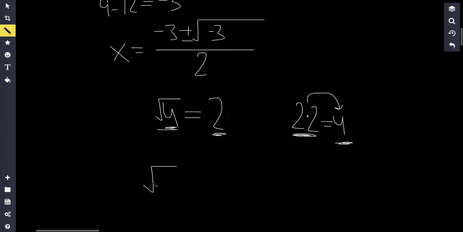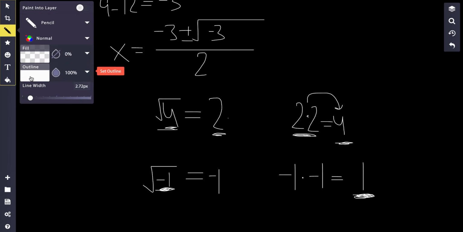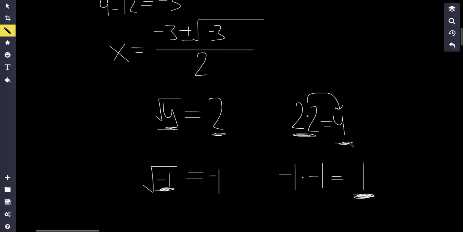Now, let's say you wanted to find the square root of a negative number, let's say negative 1. Well, the square root of negative 1 can't be equal to a negative number because when you multiply two negative numbers together, you get a positive number. So this positive number will always be different from the number inside the square root, right? We said how in order for a square root to work, the two numbers multiplied together have to be equal to the thing inside the square root.